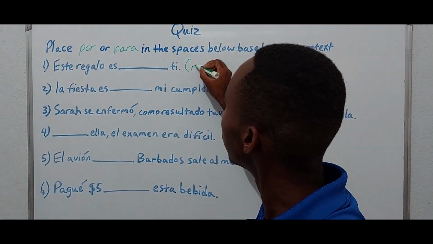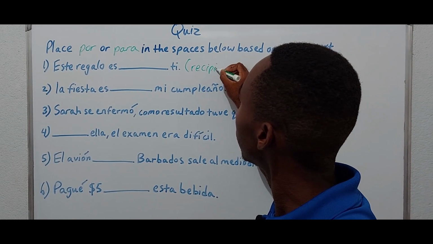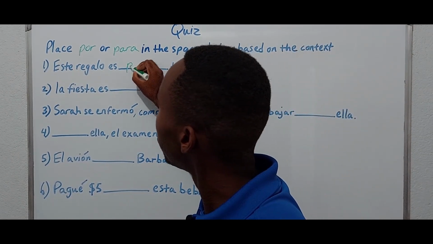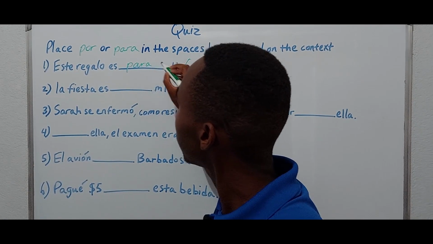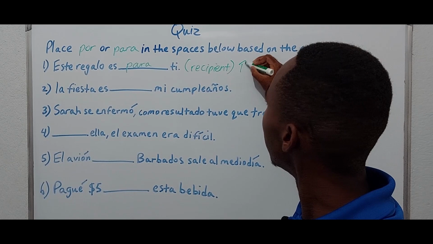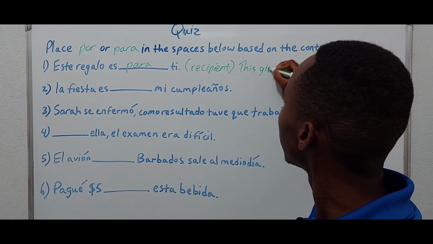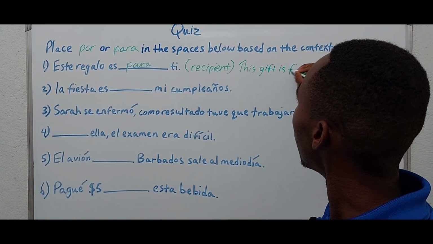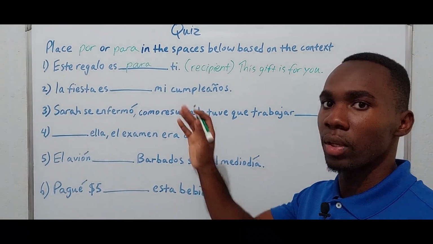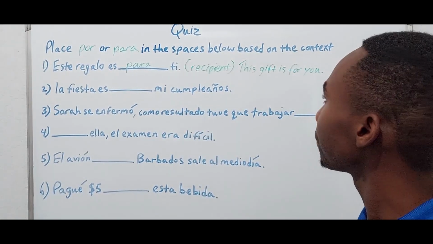So that would have to be es para ti. Exactly. So number 1 would be para.